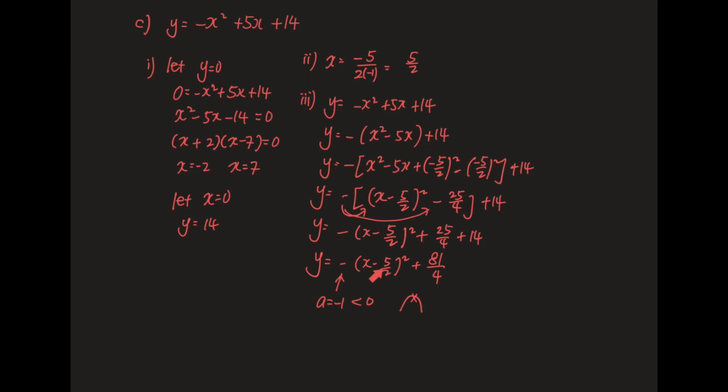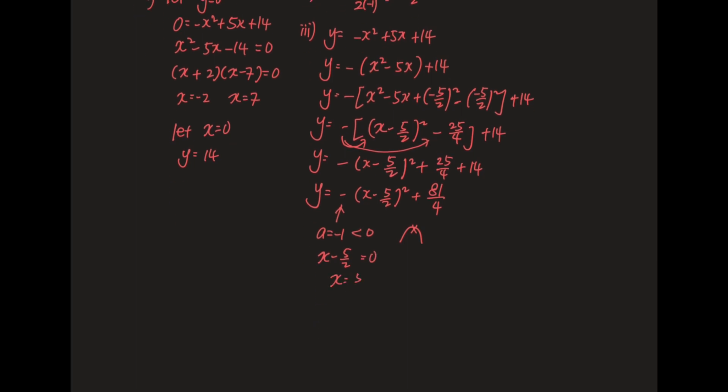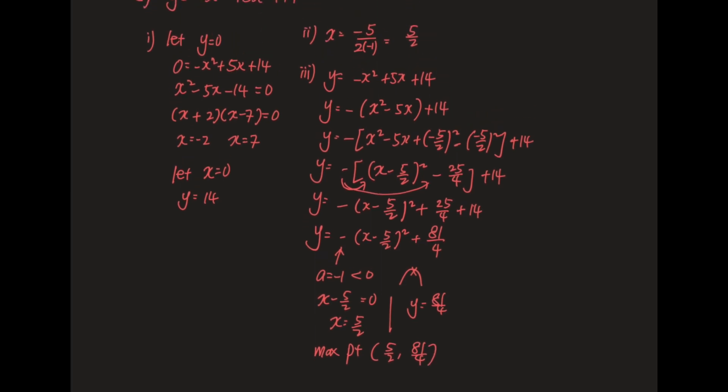For the maximum point, we imagine we let the bracket equal to 0. So x minus 5 over 2 equal to 0, x equal to 5 over 2, and y equal to 81 over 4, everything at the back of the bracket. So we have maximum point 5 over 2 and 81 over 4.